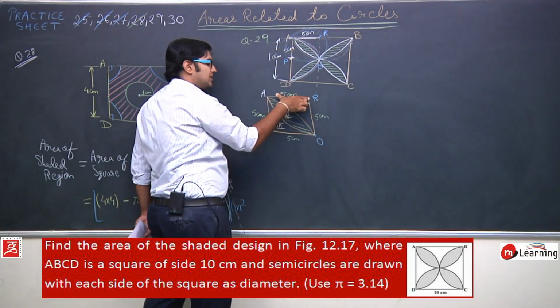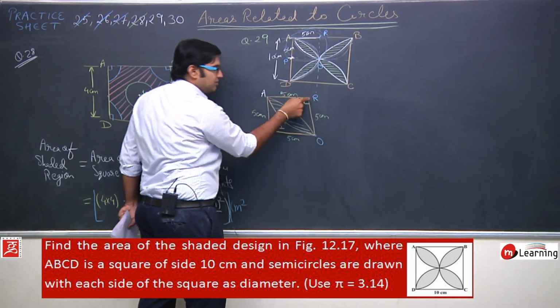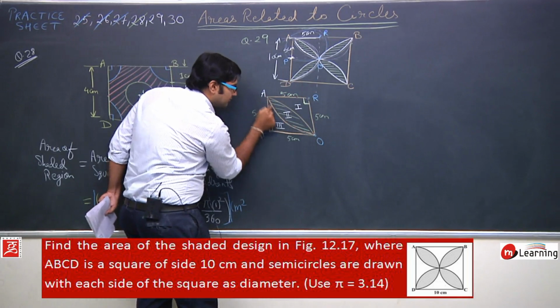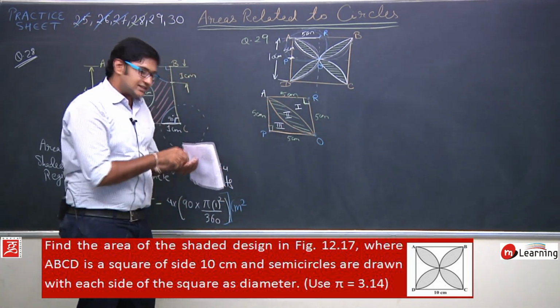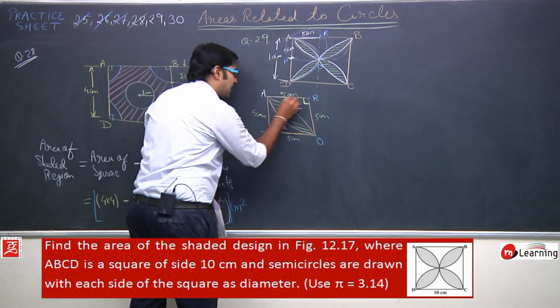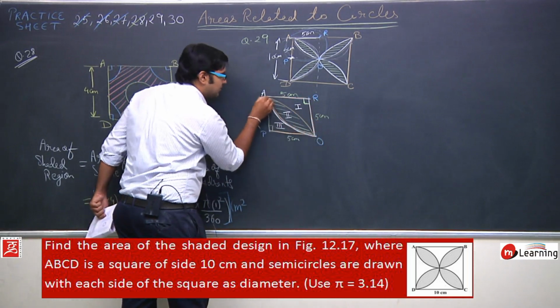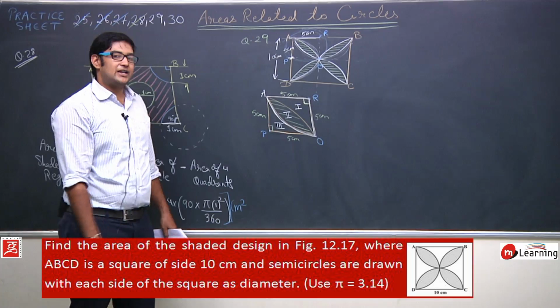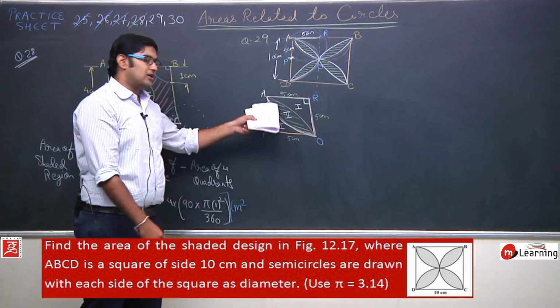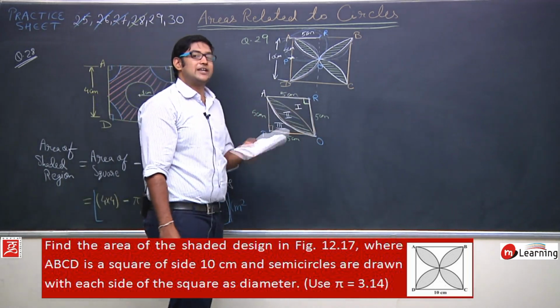R will be the center of this particular arc. So what I can see is this much part is a sector of a circle whose radius is equal to 5 centimeters.